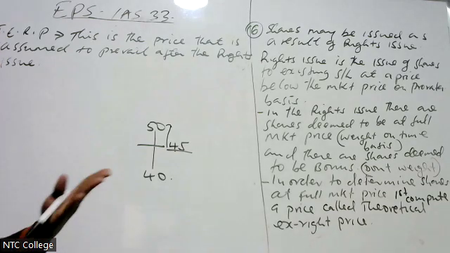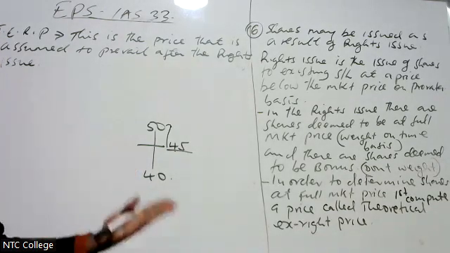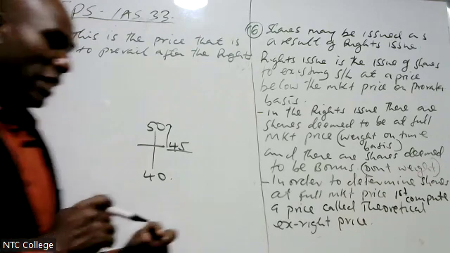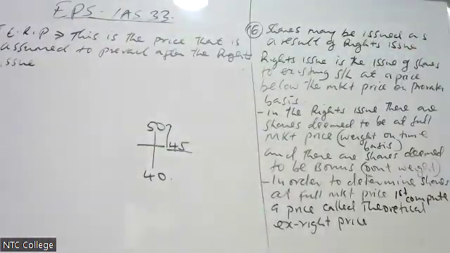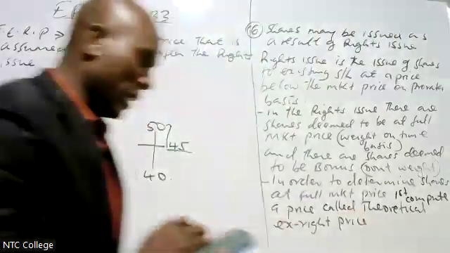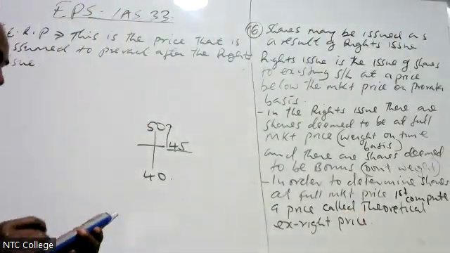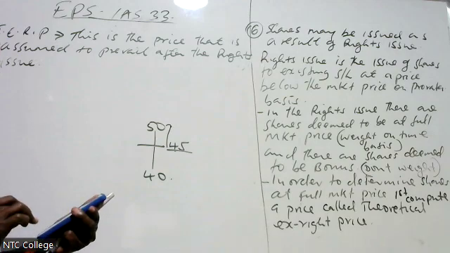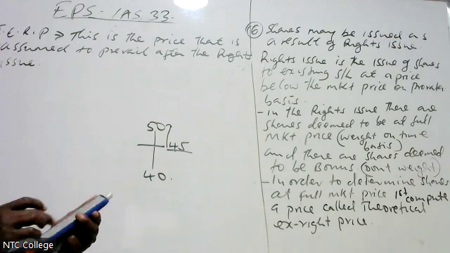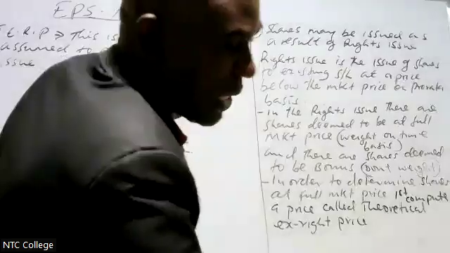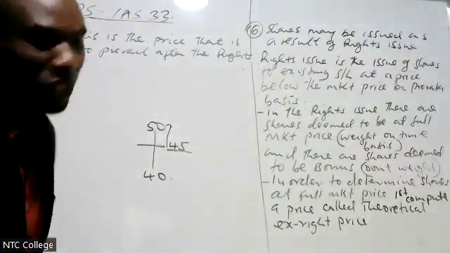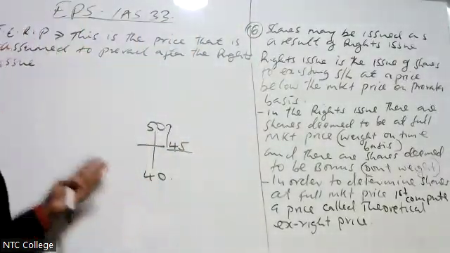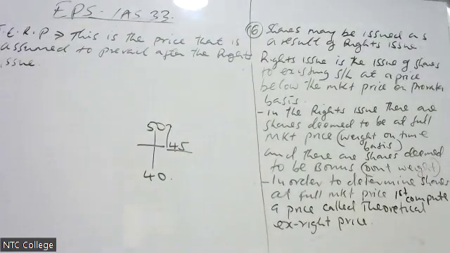But in theory, we assume that the original price will change. That is why we are saying this is the price that is assumed to prevail after the rights.